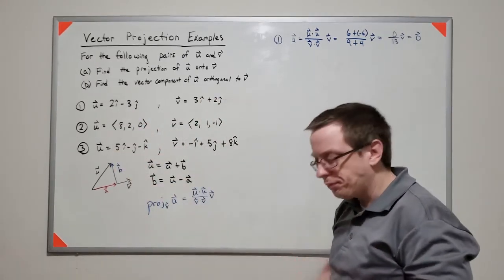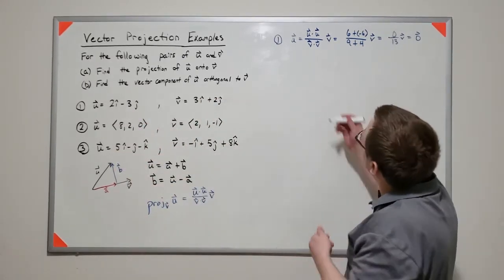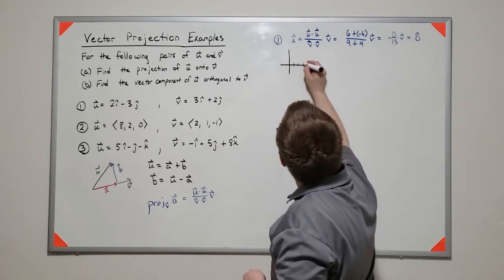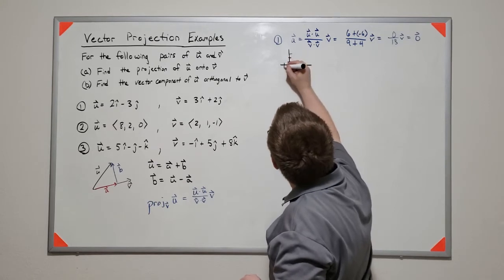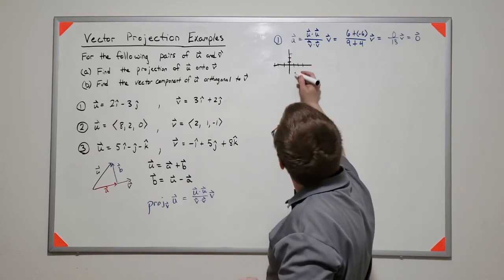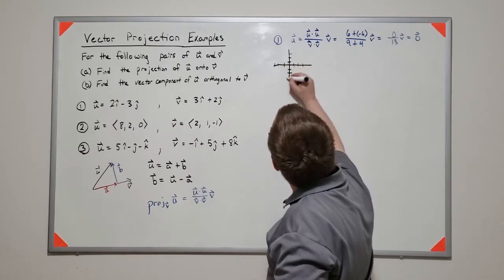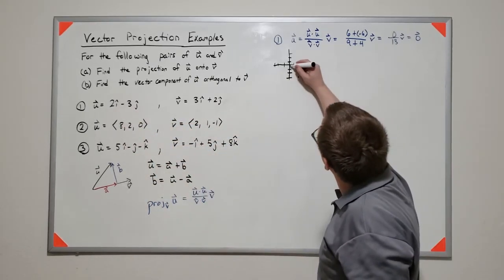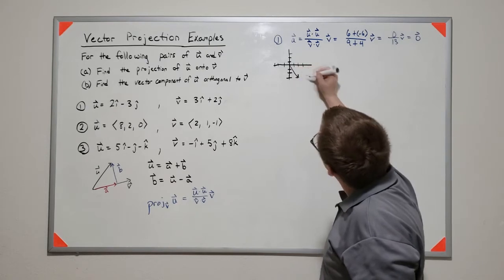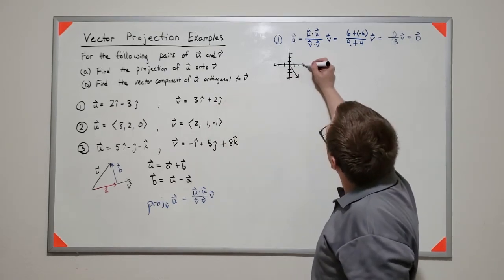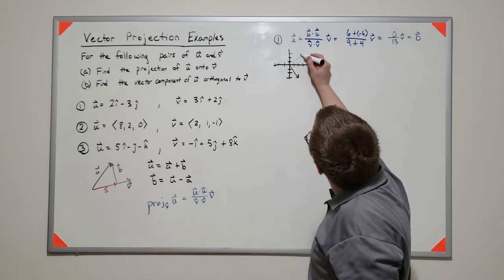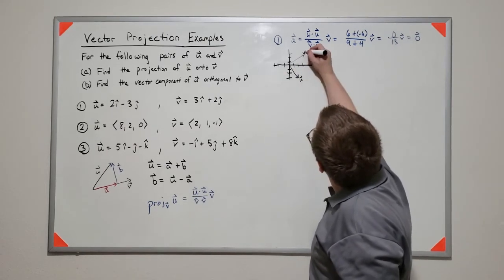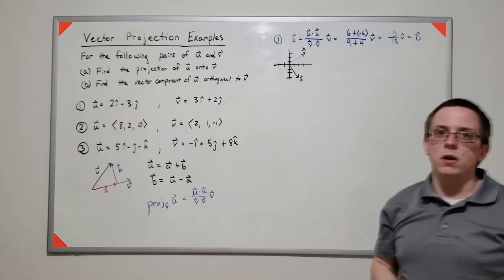Let's draw this out. I have 2i minus 3j, so that's here. And I have 3i plus 2j, and that's here. So this is u, and that's v. Well, they're already orthogonal.